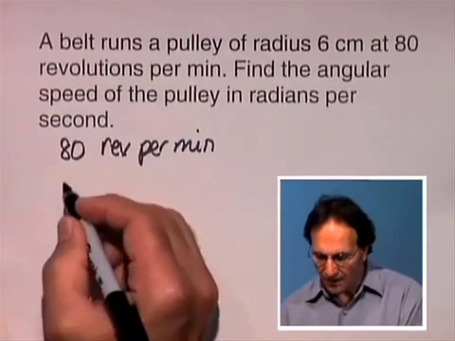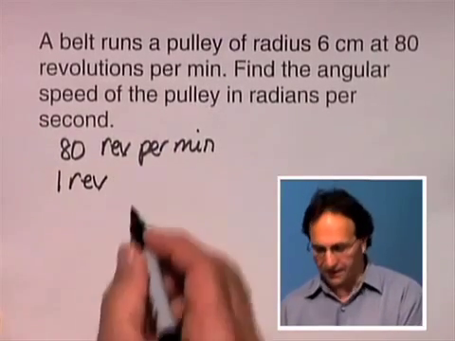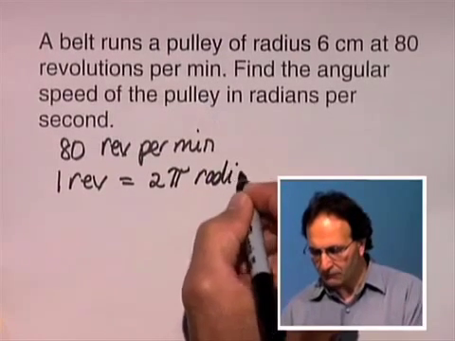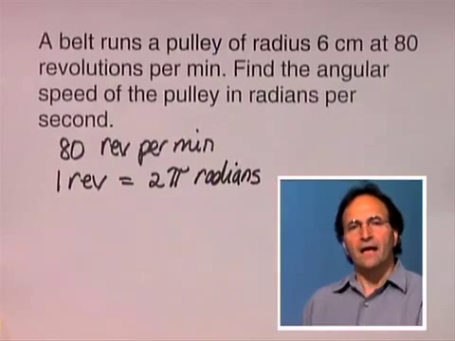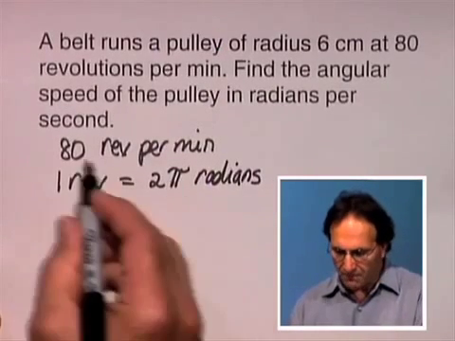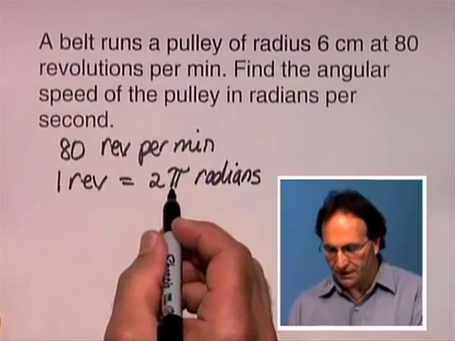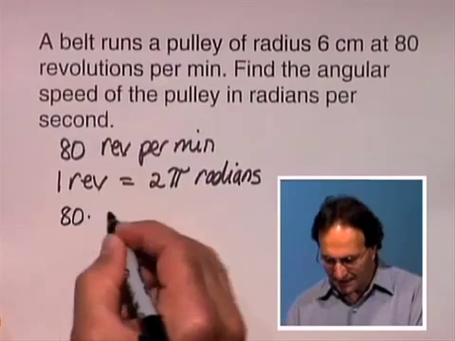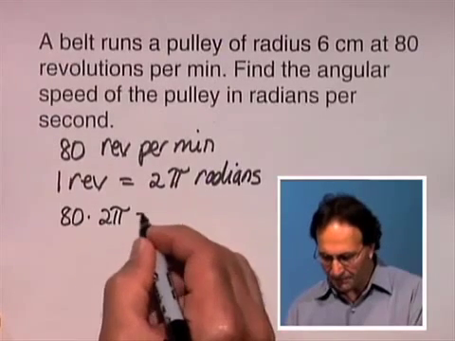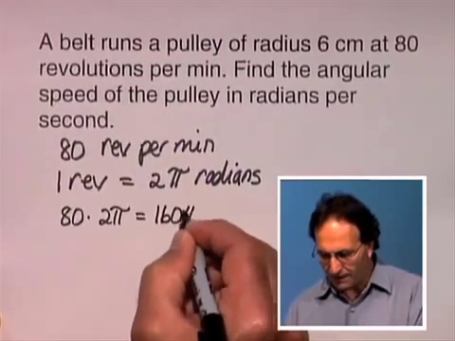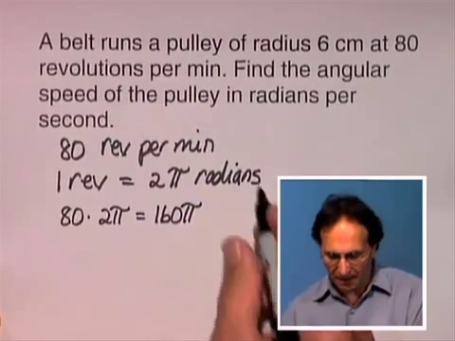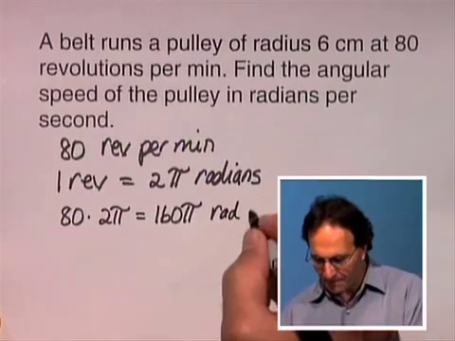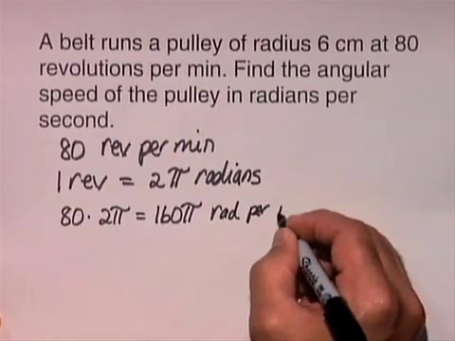And we know that 1 revolution is equal to 2 pi radians. So we can use this information. We multiply the number of revolutions times the fact that each revolution is 2 pi radians, 80 times 2 pi, to find the product is 160 pi, and that would be radians per minute.